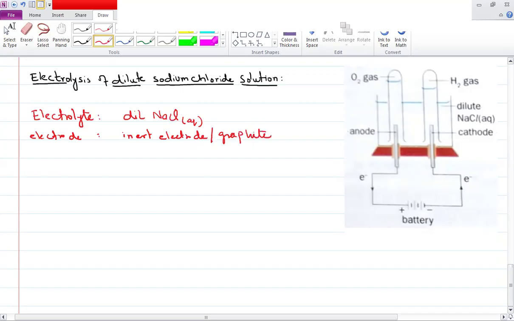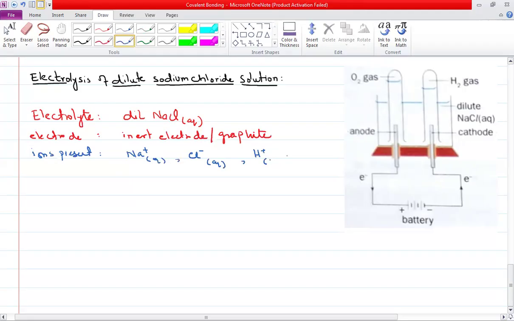Graphite electrodes. And now, whenever we have any electrolyte in aqueous state, first of all, we have to identify the ions present. The ions present in the electrolyte are, as we have sodium chloride, sodium ion in aqueous state, chloride ion in aqueous state, and H ion in aqueous form and the OH ion in aqueous state.